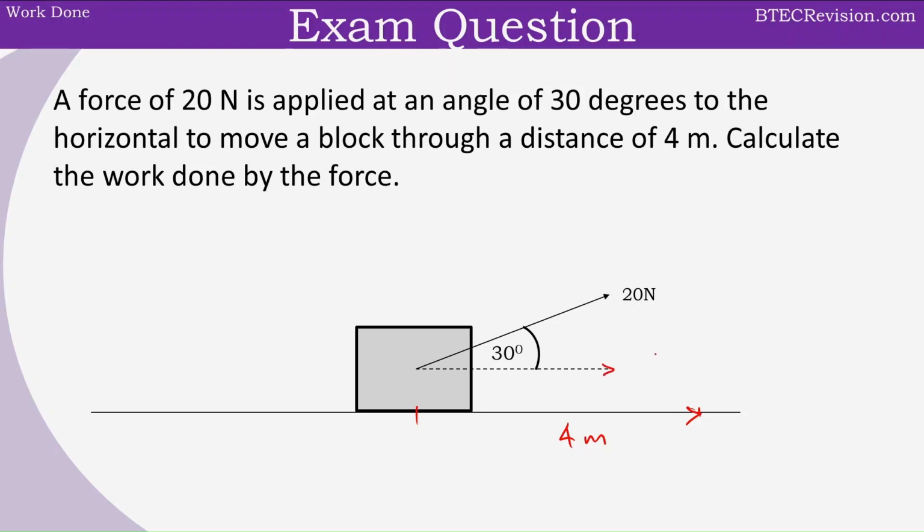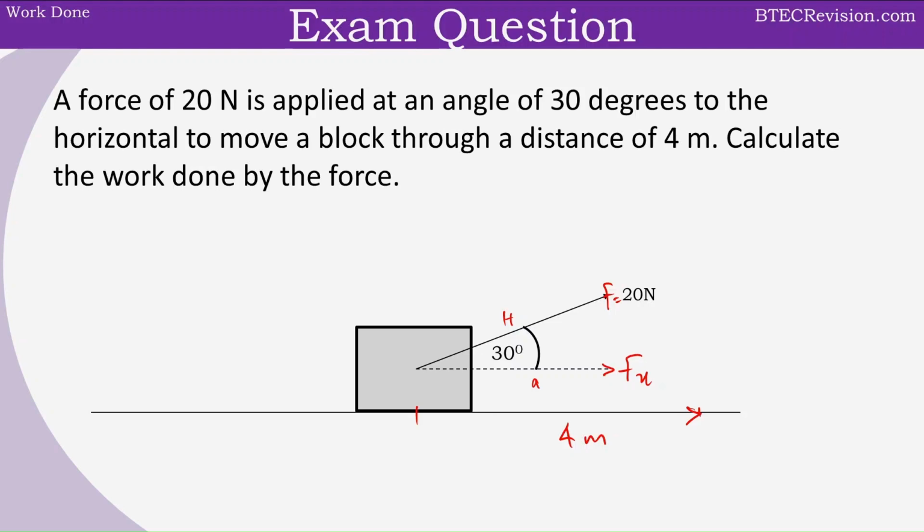So we would want to calculate this force, the component of F, which is 20. So we would need to use trigonometry. As you can see here, this would be the adjacent because this is the longer side, hypotenuse, and the adjacent is next to the angle, 30 degrees.